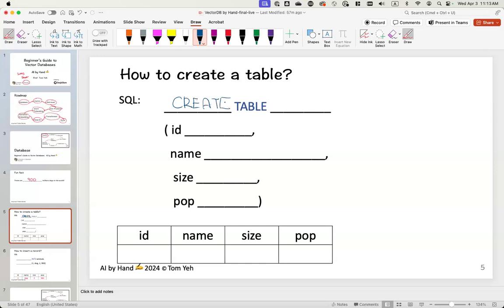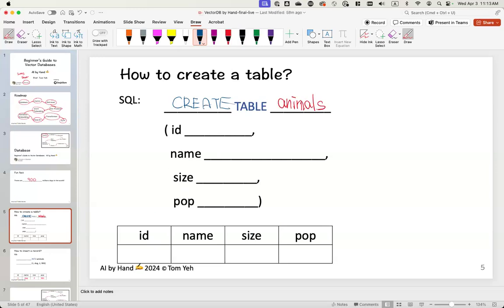a table, and then we decide the name of the table. I want to call it animals. So I write CREATE TABLE animals. Then in this table there are going to be some properties, which look like columns. This is the shape of the table I want to create. I have ID, name, size, and population.